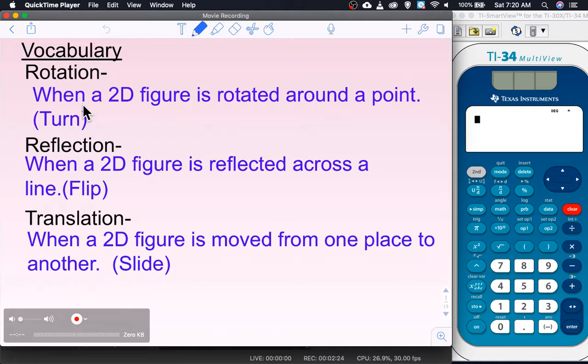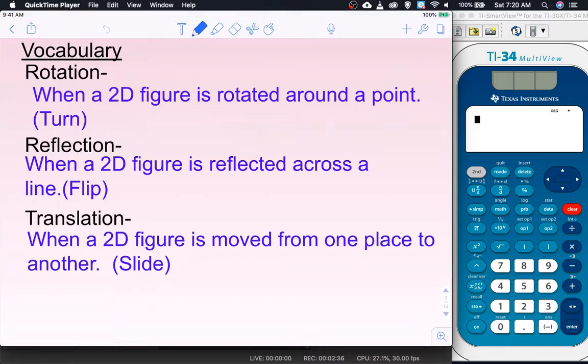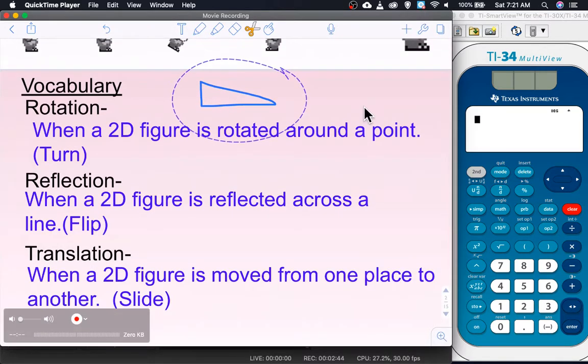So, rotation. A rotation is when you take a two-dimensional figure and it's rotated around a point. We'll call that a turn. If I take this, and I'm going to try to rotate it around this point right here, that 90-degree corner.